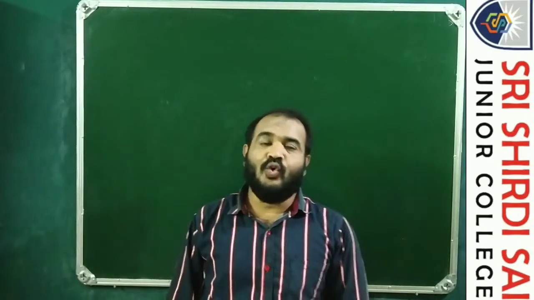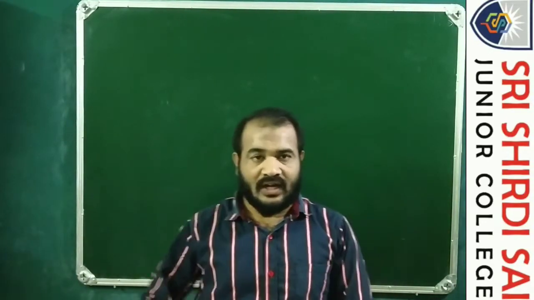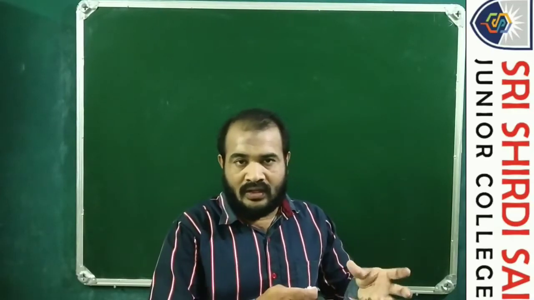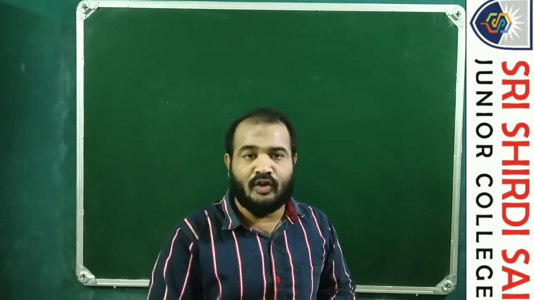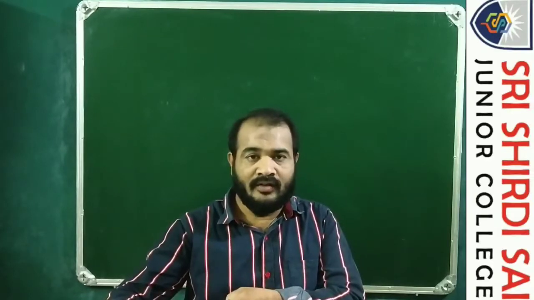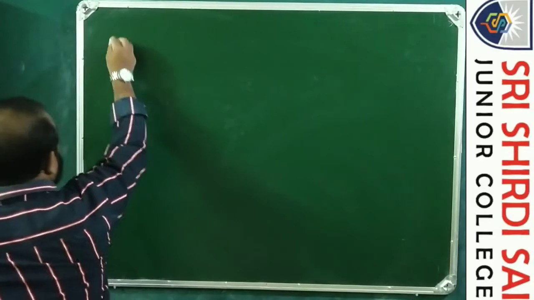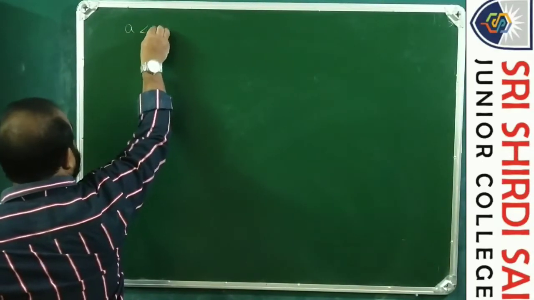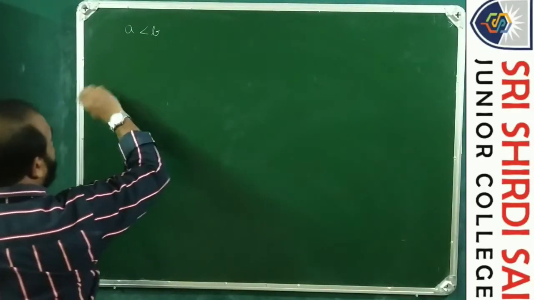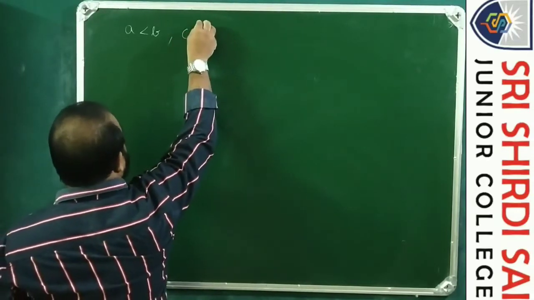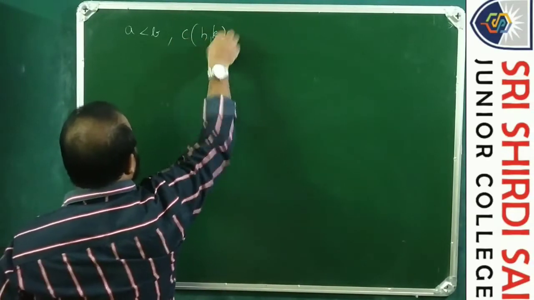Now for the ellipse whose center is not at the origin and a is less than b. Let the origin be shifted to some other point which is h comma k. So a is less than b and the center is shifted to h comma k.